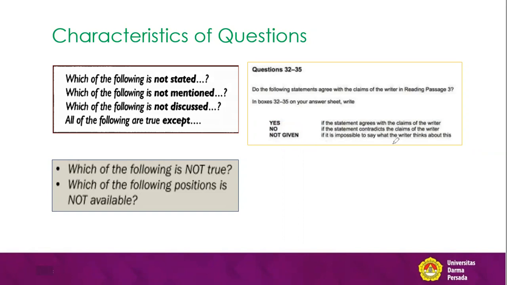If it is impossible to say what the writer thinks about this, this is the category of not given. So you choose not given, something like that.